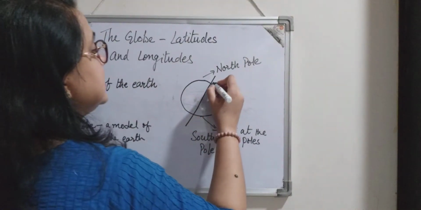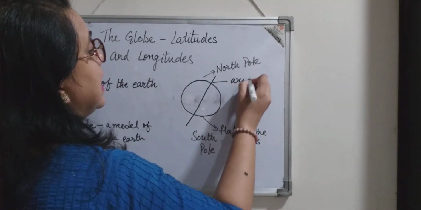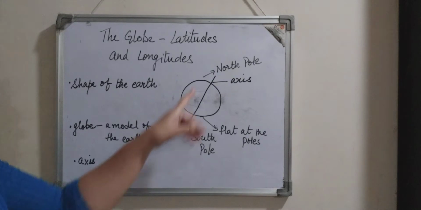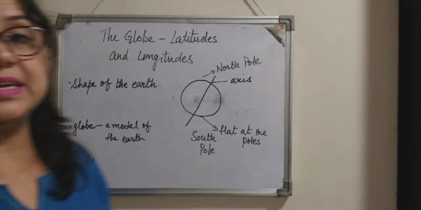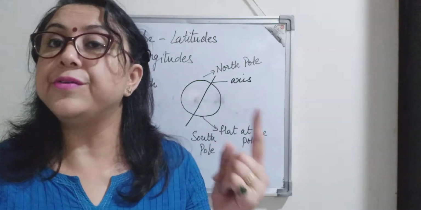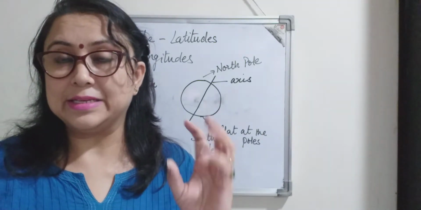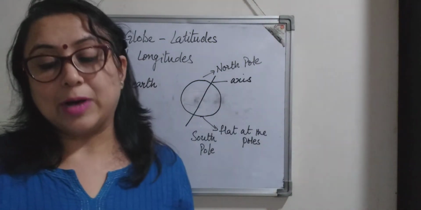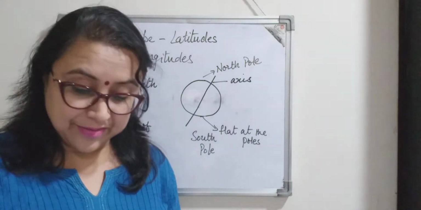So this is the axis. The earth rotates or spins upon an imaginary axis. So this is an imaginary line drawn, and the earth goes round, right? It spins on its axis. So I hope this much is clear to everyone.